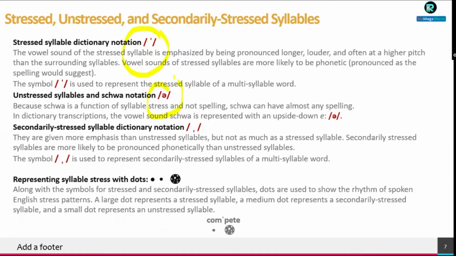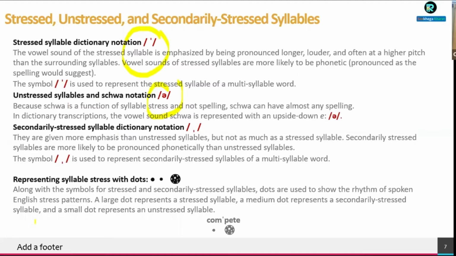Any vowel sound in a syllable, when it is unstressed or reduced, what happens? Whether it is a, e, i, o, whatever it is, it becomes a schwa sound. After being reduced, it becomes this schwa sound, and this is called unstressed.